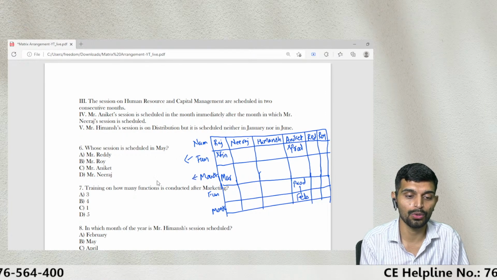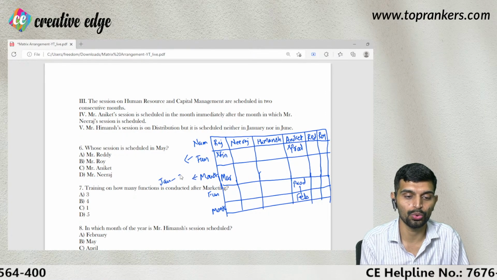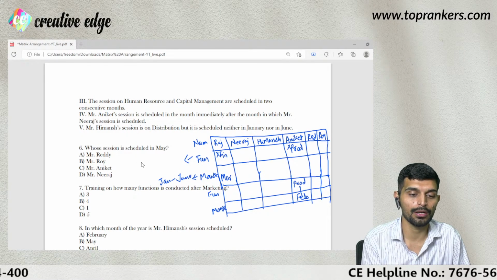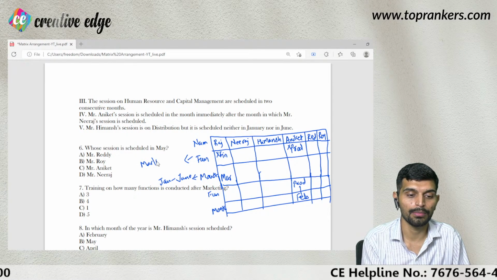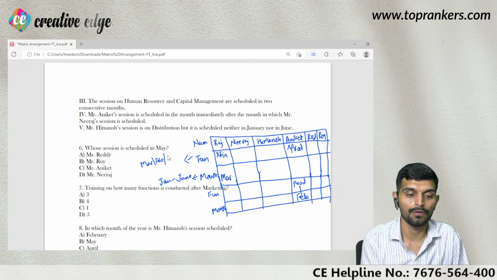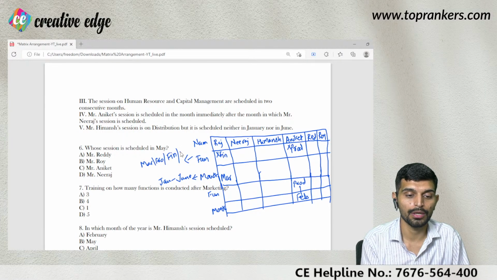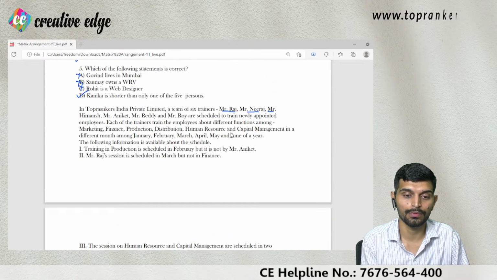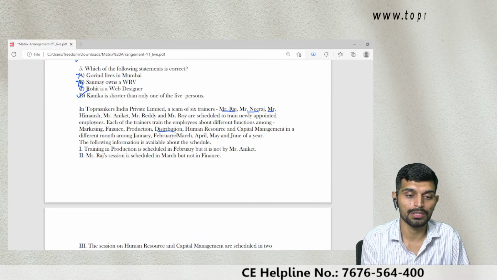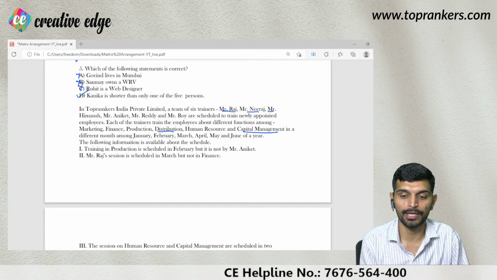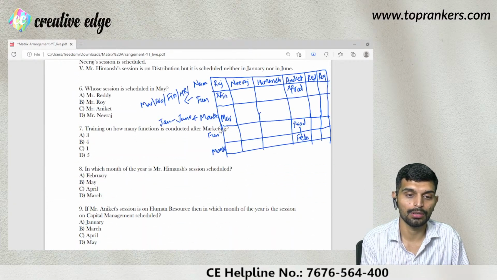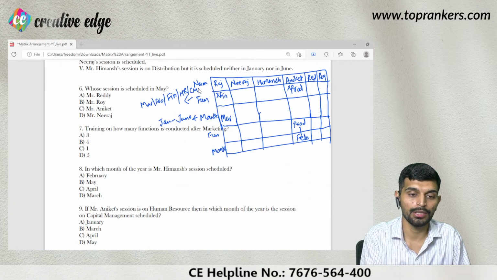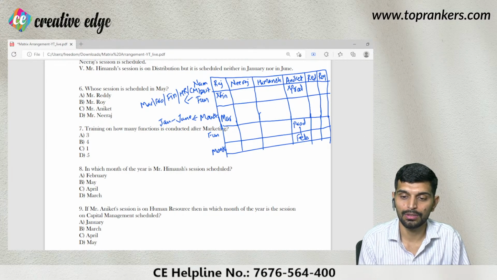Months we know from January to June, but functions are marketing, production, finance, HR, other than these four, distribution, and capital management. So these are the functions, right?